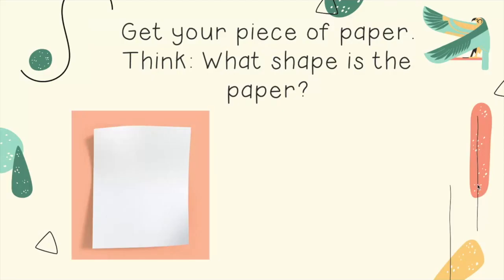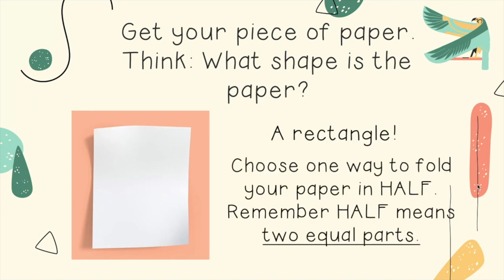So now you need to grab your piece of paper and I want you to think, what shape is the paper? It is a rectangle. You're right. So now you're going to take your paper and you're going to choose one way to fold your paper in half. Remember, half means 2 equal parts. And when you're folding your paper, you want to make sure that the edges and those corners match up before you make that fold.